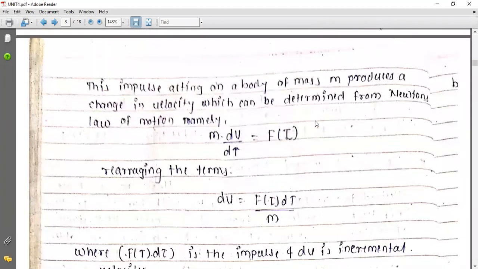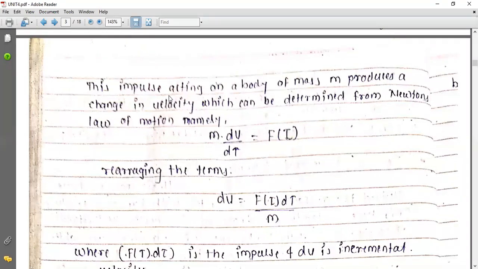This impulse, you can write here what is meant by this impulse. Impulse is equal to F of tau into d tau that we have seen. Now this impulse acting on a body of mass m produces a change in velocity which can be determined from Newton's law of motion.